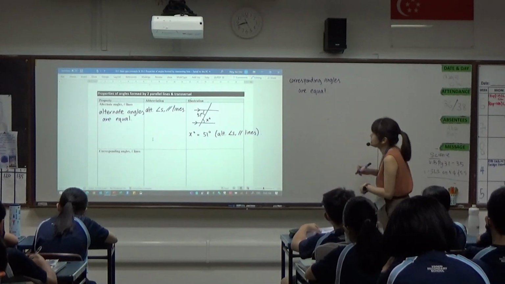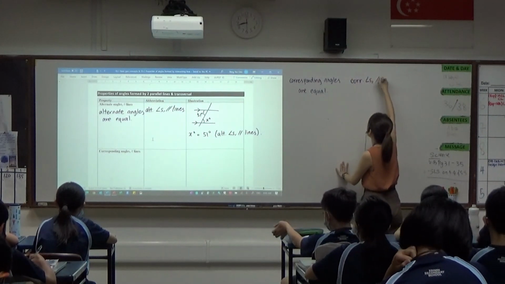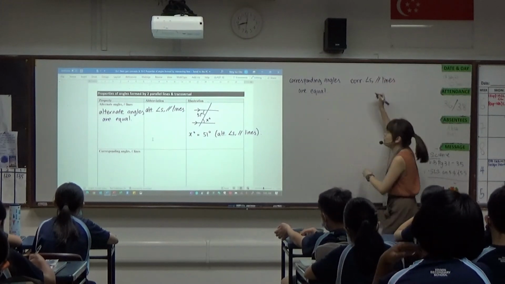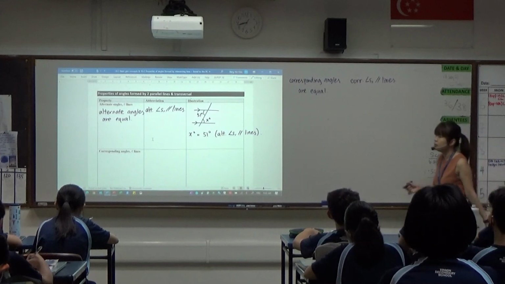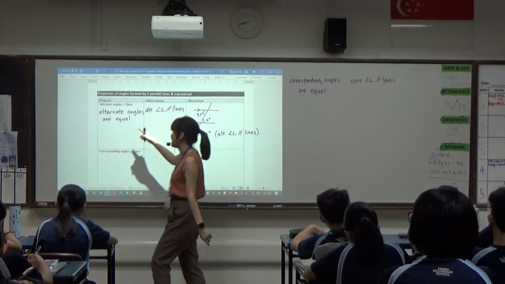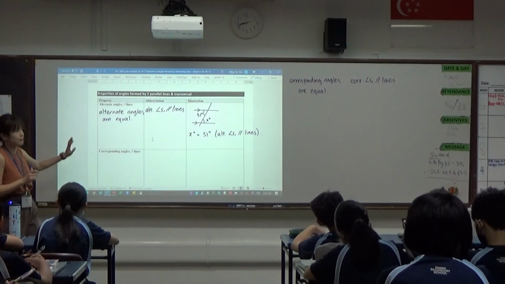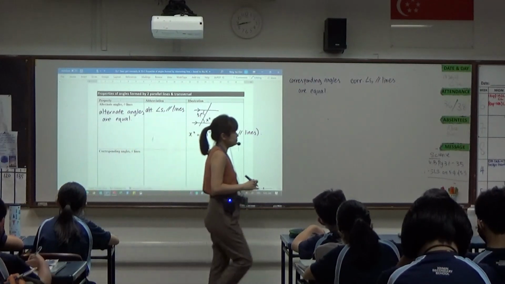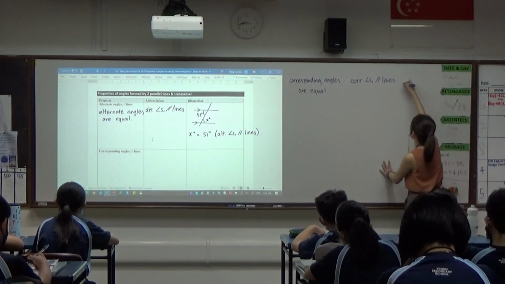The abbreviation that we will have is CORR. angles, parallel lines. You must mention the parallel lines, because as mentioned earlier, these properties only apply when there are parallel lines. If there are no parallel lines, the property doesn't hold. So, an example for corresponding angles.